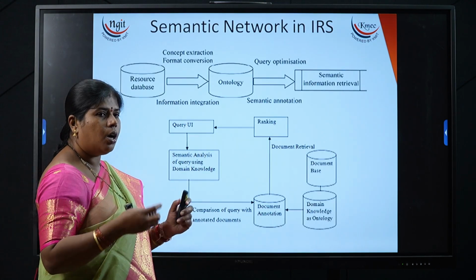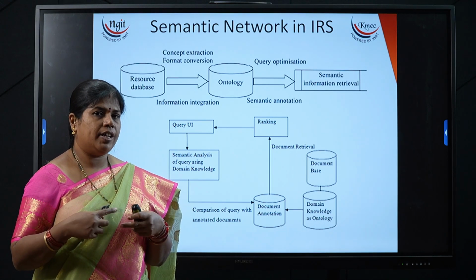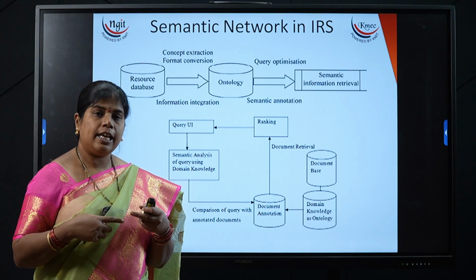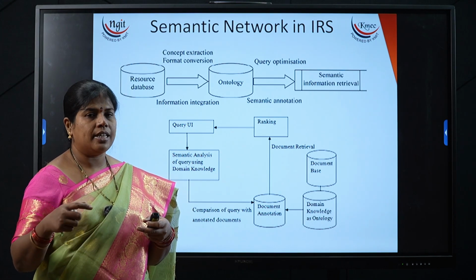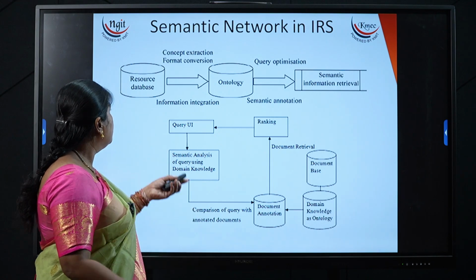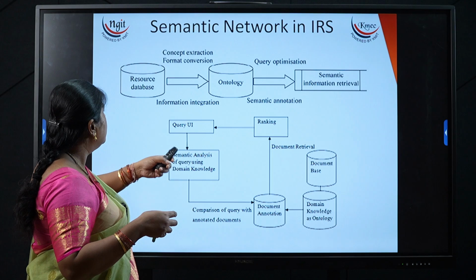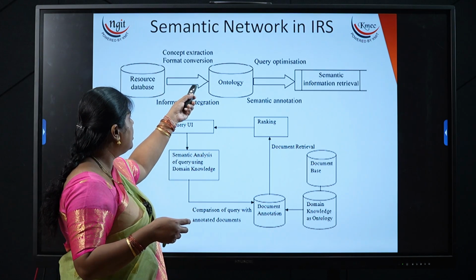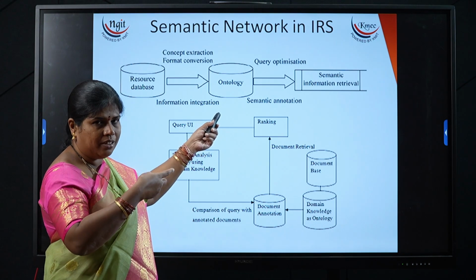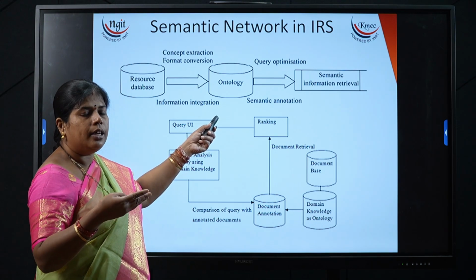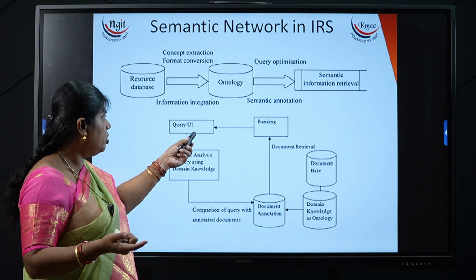Now, how is your semantic network helping me for query optimization? It is making the retrieval process easy and more relevant, with enhanced precision and accuracy. Now this is my resource database, means the set of documents. Those documents I will represent by using either the vector space model or any of the embeddings, just now we have seen: word embedding, or embedding based on the context or based on the topic.